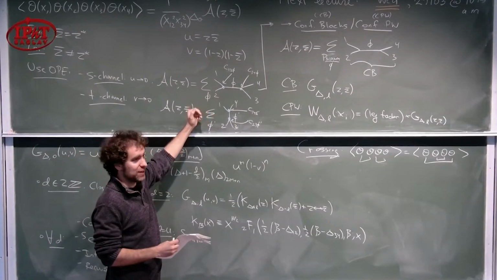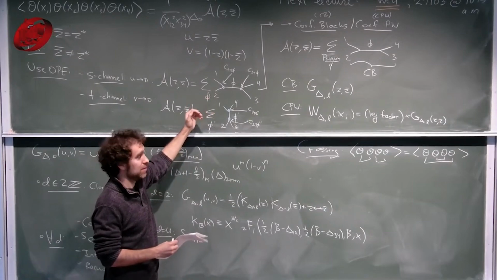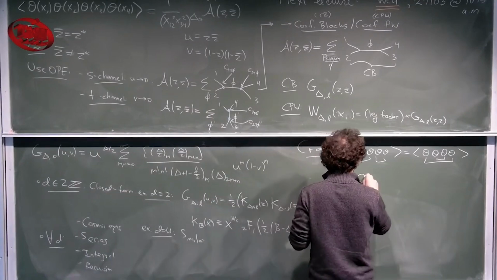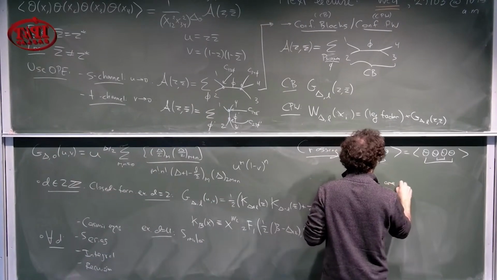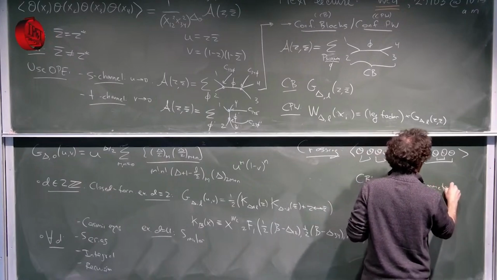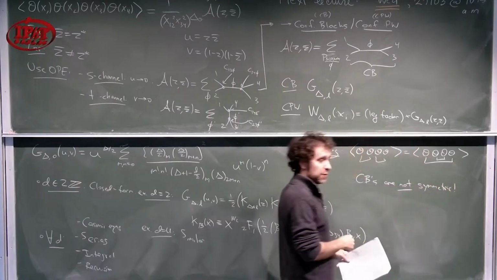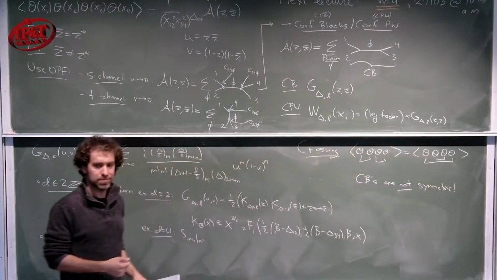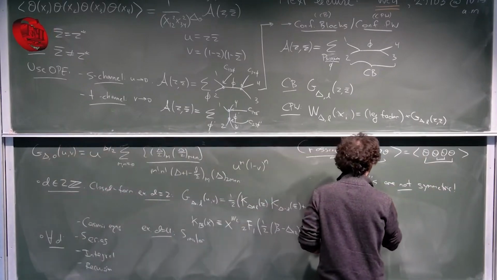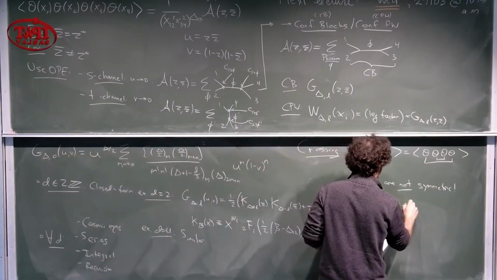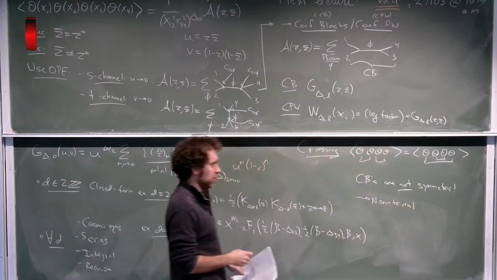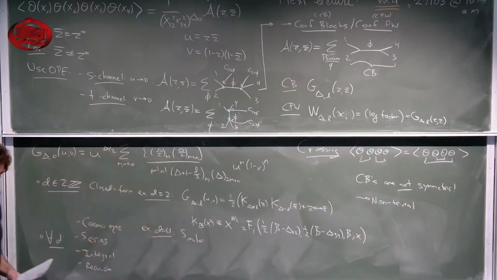And even when it's not different, it's still a non-trivial equation. And why is it non-trivial? So the conformal blocks are not crossing symmetric. Only the full sum is symmetric. So you use conformal symmetry as much as you can in writing the 4-point function, but that's still not enough to guarantee crossing symmetry.